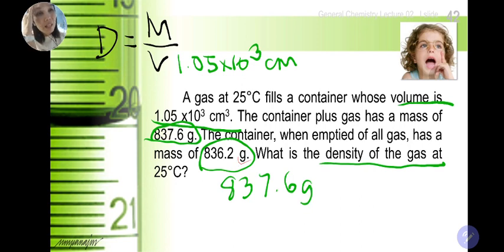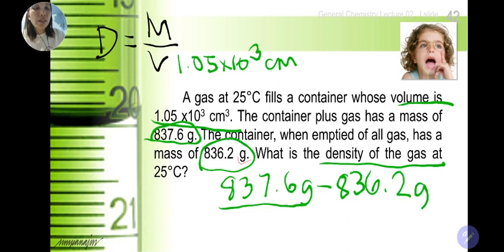And then, what was given is the weight of the container when the gas is emptied. To find the weight of the gas, since we can't actually weigh the gas itself, we first put the gas in the container and measured the container with gas. So this is our mass. Then, to know the mass of the gas alone, we weigh the container without gas. The mass of the empty container is 836.2 grams. So, when we subtract the mass of the empty container from the mass of the container with gas, we get just the mass of the gas. So, what is the answer?